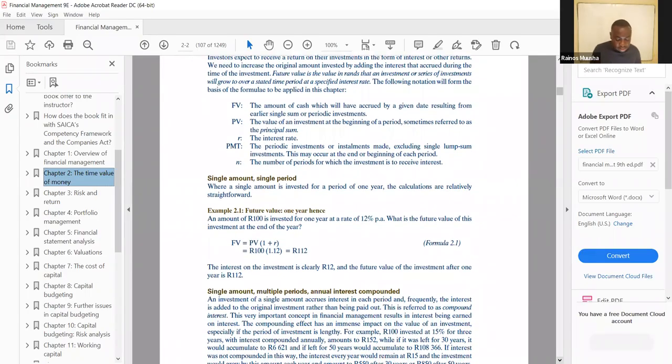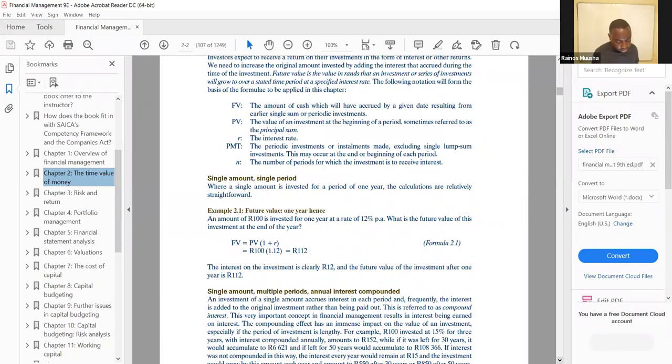So example 2, they give us example 2.1. Can you quickly read through example 2.1 and we'll go through it together? So here they say, we're looking for the future value after 1 year.